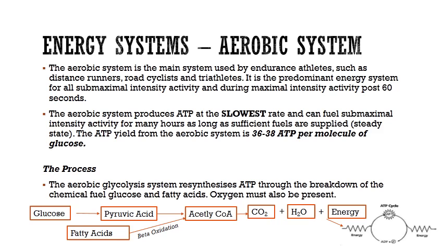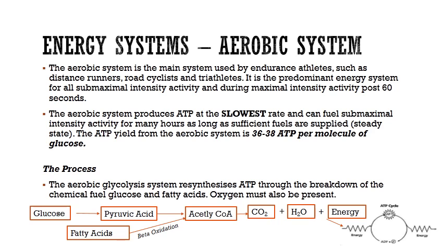So although it produces ATP at the slowest rate, it does produce the highest yield of ATP. So this time, per molecule of glucose, the exact same molecule of glucose you could use in anaerobic glycolysis, you're getting 36 to 38 ATP molecules off that one molecule of glucose, whereas back in anaerobic glycolysis, you were getting only 2.